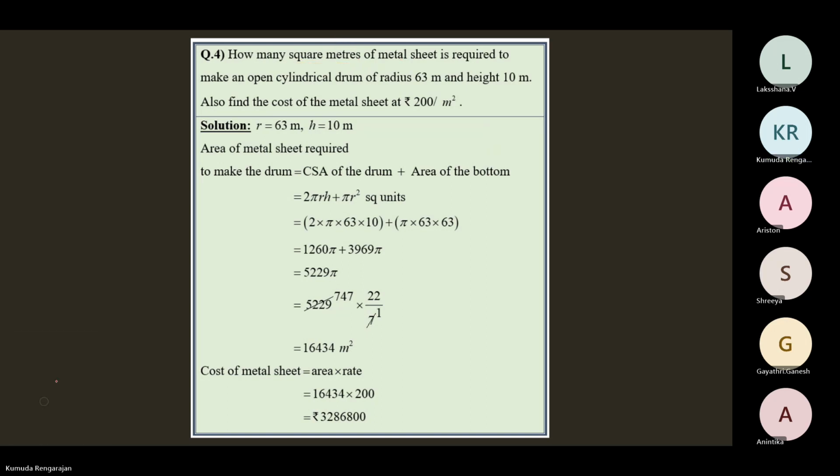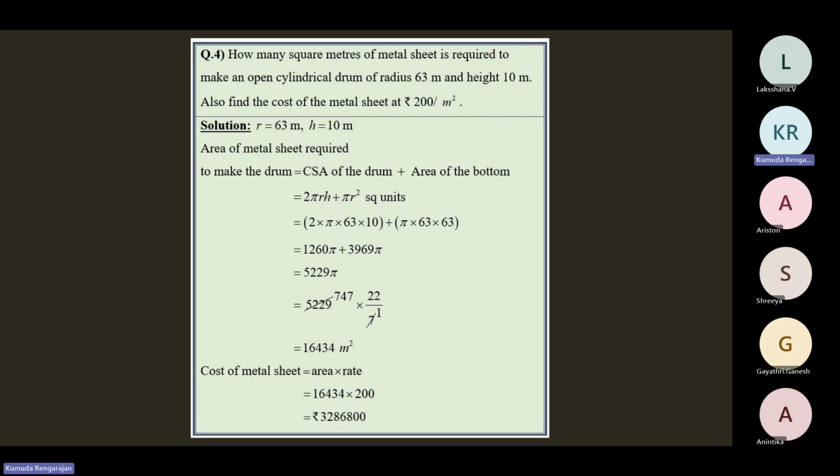So how many square meters of metal sheet is required to make an open cylindrical drum? It is cylindrical, okay? It's a cylindrical drum, but it's open at the top. So where will the metal sheet be used? This drum is made using metal sheet.